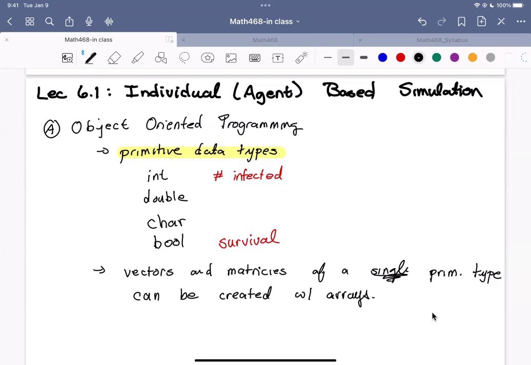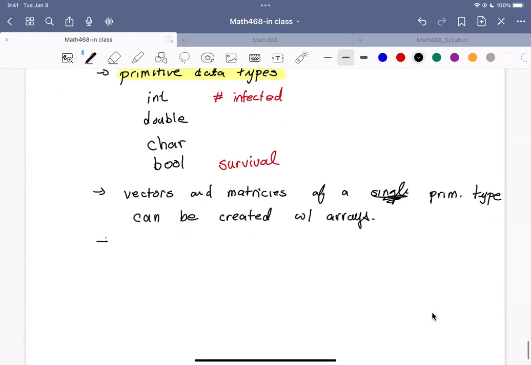We might want to combine multiple types of this data into one bucket. It would be nice to have an array where we can mix Booleans and doubles and integers. What this is called is a data structure. And if you are an R fan, this is your data frame. Okay, so a data structure allows you to combine different types.